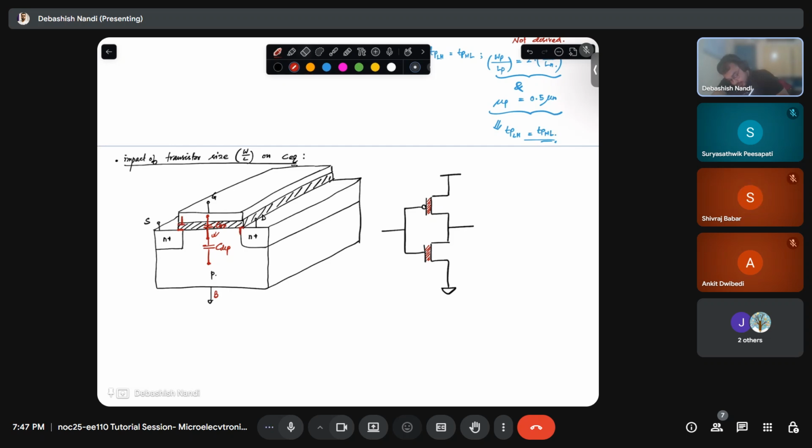So as he has pointed out, this portion we call LOV, or overlap region. Why does it occur? Anyone? I think, sir, diffusion is not properly occurred there.